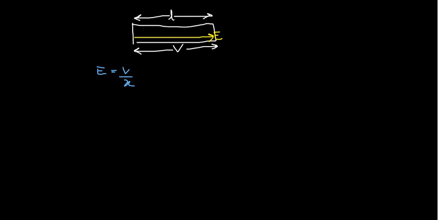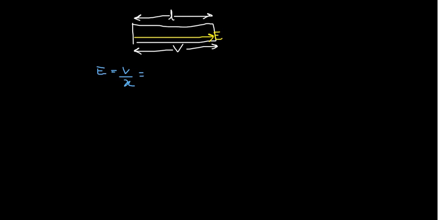I already told you V is the potential difference and X is the distance. Now tell me, from the above diagram we can see we are applying this electric field for a length of L by maintaining a potential difference of how much here? V. Therefore, we have all the terms in the diagram that we need for the equation. E, we have the V, but what is this one?